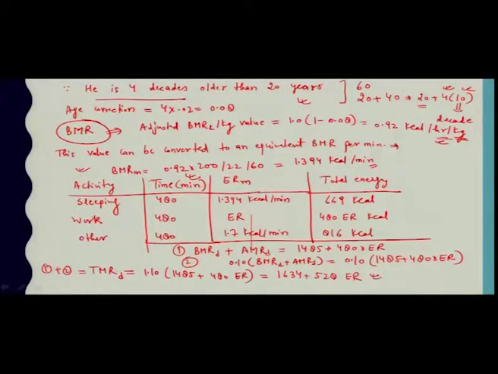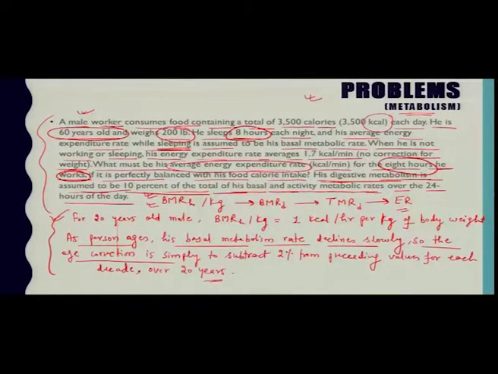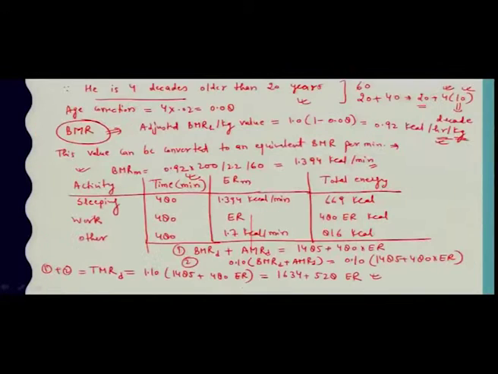So now we have the food calories. He consumes food containing a total of 3500 kilocalorie. So as the total food calories we have 3500 kilocalories, and the total metabolic rate on the daily basis we have calculated as 1634 plus 528 ER.